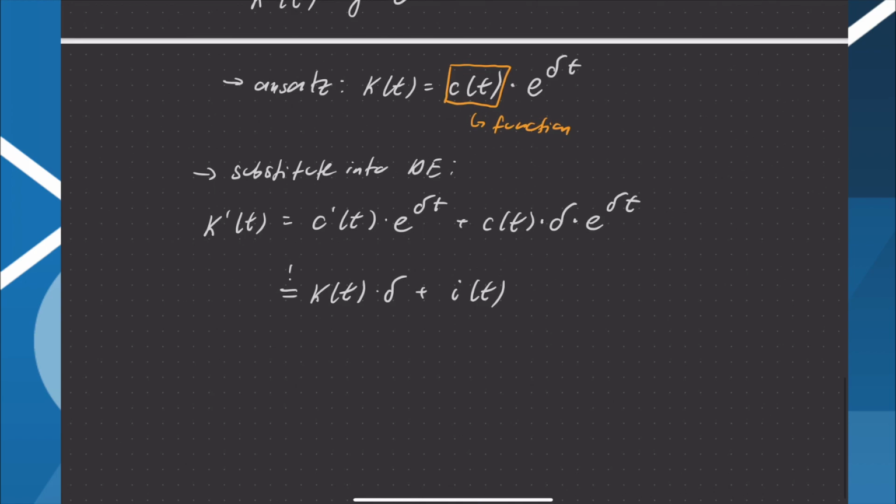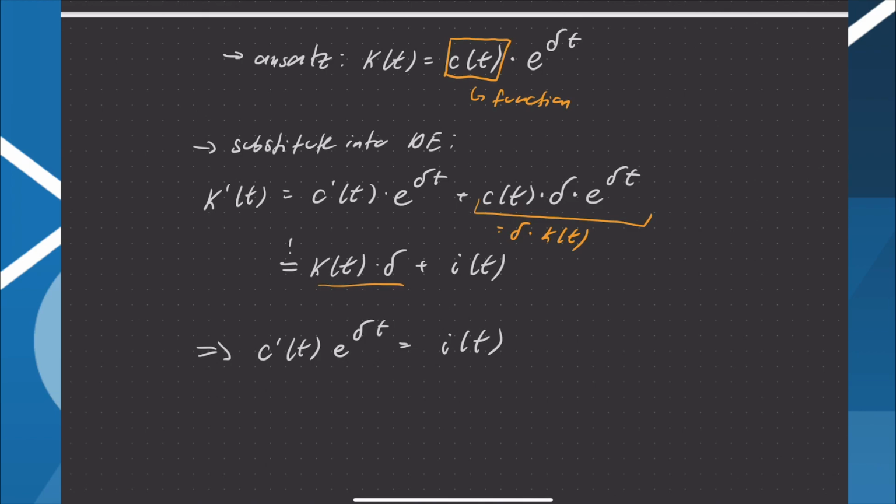So with our ansatz, what we have here is actually the same as delta times k of t. So we have that part here already. So that means what is left here is c prime of t times e to the delta t is equal to I of t.